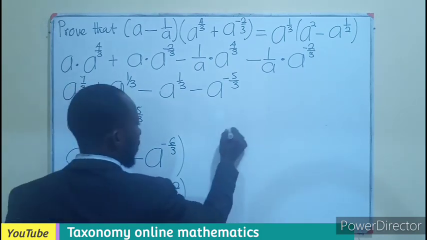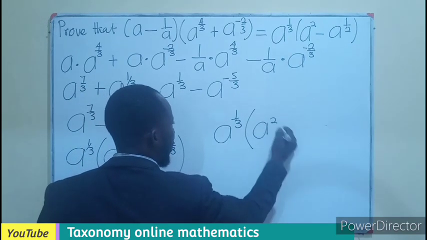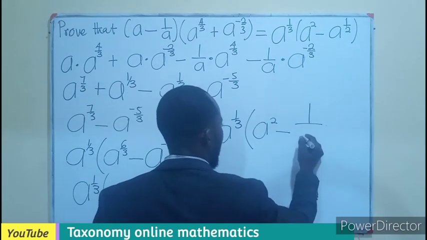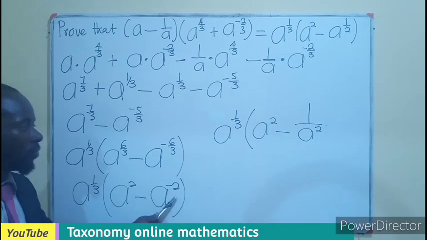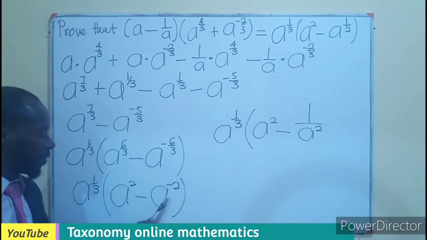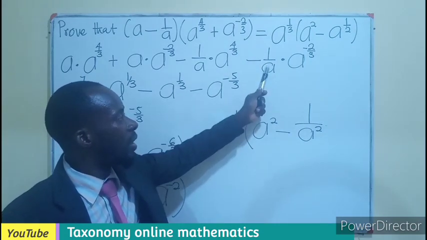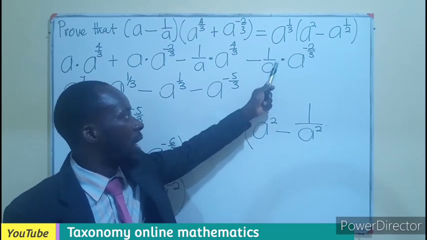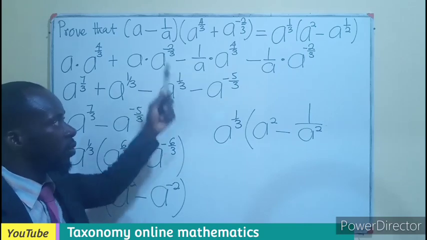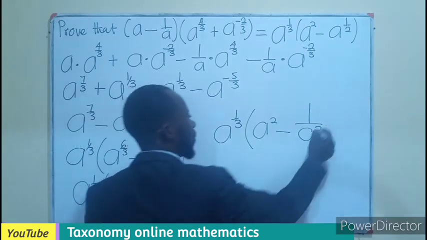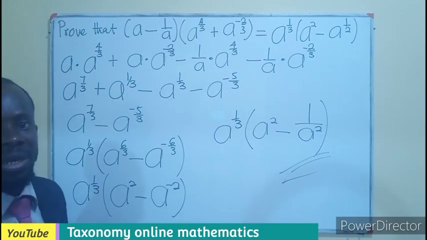Therefore, this becomes a exponent 1 over 3 times a exponent 2 minus 1 over a exponent positive 2. To make this positive, you reciprocate this. You can see you have it here. 1 over a exponent 1 becomes a negative exponent when we are expanding it. So this is now proved as the question demands.